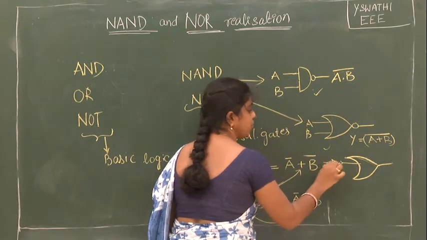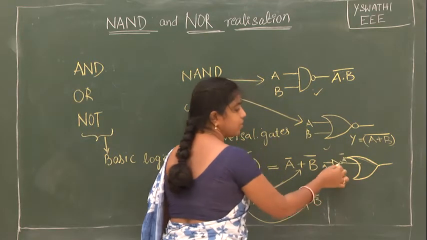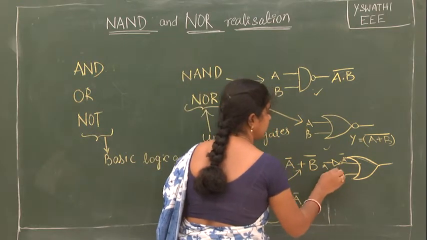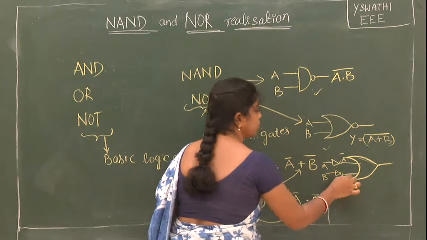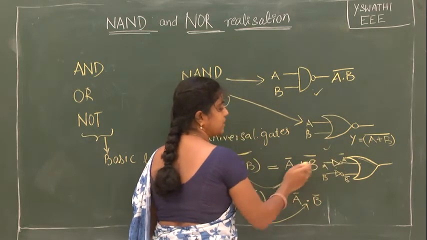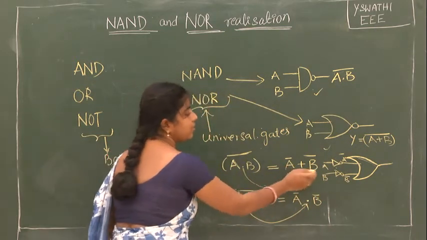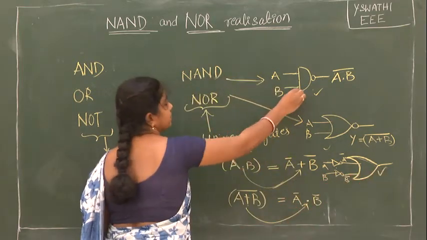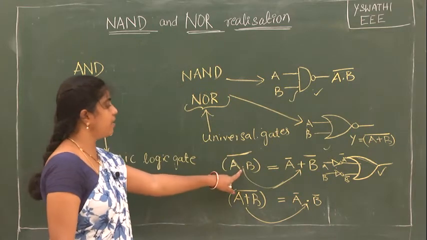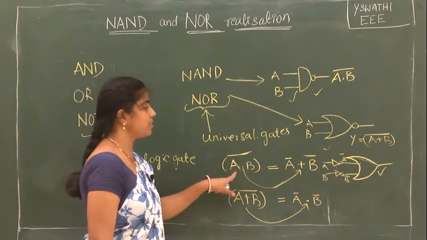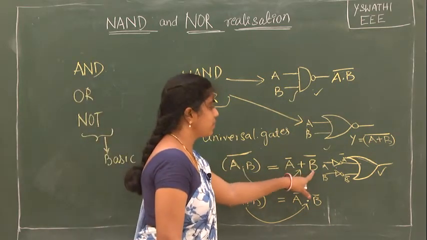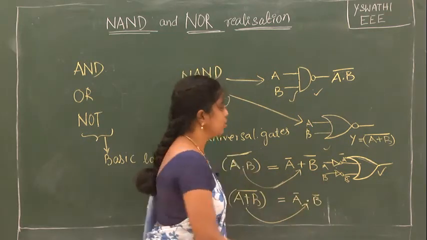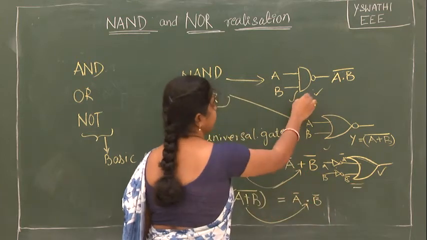So A complement will come here because here I placed an OR gate, and it is B complemented. The complemented variables are ORed together. So this is equivalent to this NAND gate, right? Because A dot B whole bar is nothing but A bar plus B bar. So this can be implemented in logic gates like this, and this is equivalent to this one.